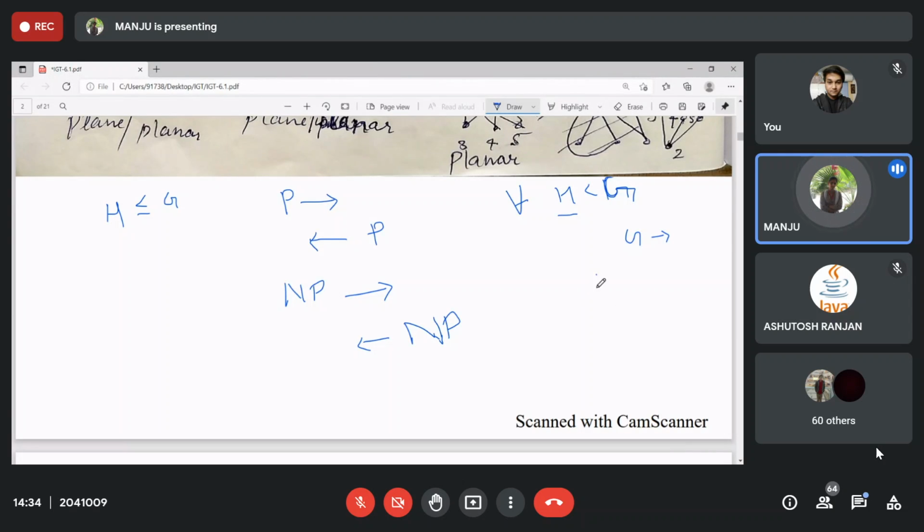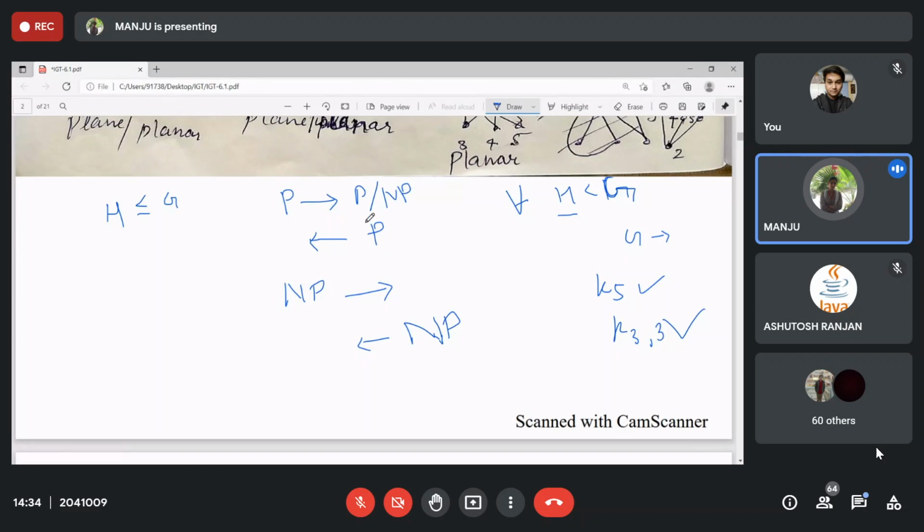All the proper subgraphs of K5 and K3,3 are planar. Even if you delete one edge or one vertex, they become planar, but these graphs are not planar. So this can be planar, can be non-planar.